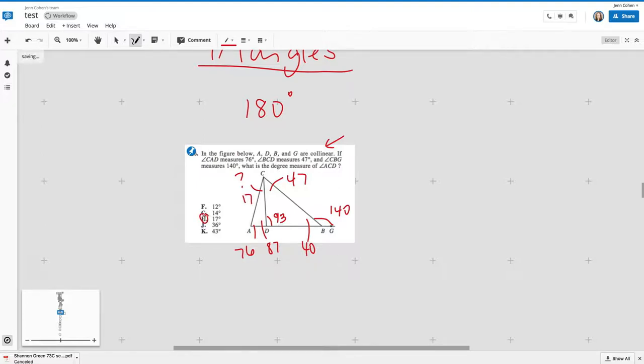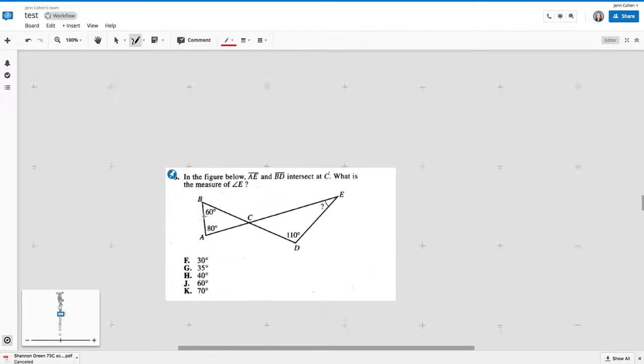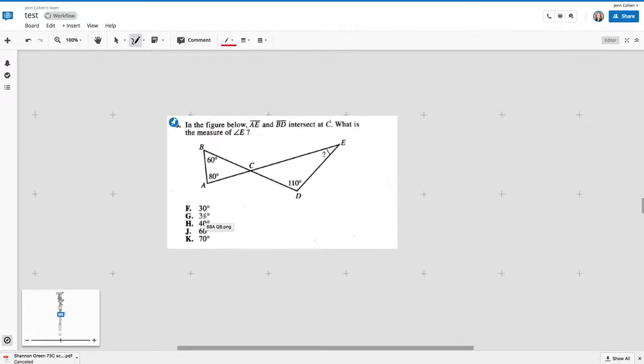Okay. Here's another angles question. This one uses a little bit of different information. So when you have intersecting lines, the opposite angles are equal. So that means that this angle and this angle are going to be equal. And this one will be 40 because with this triangle ABC, you already have the other two angles, 80 and 60, so what remains is going to be 40.